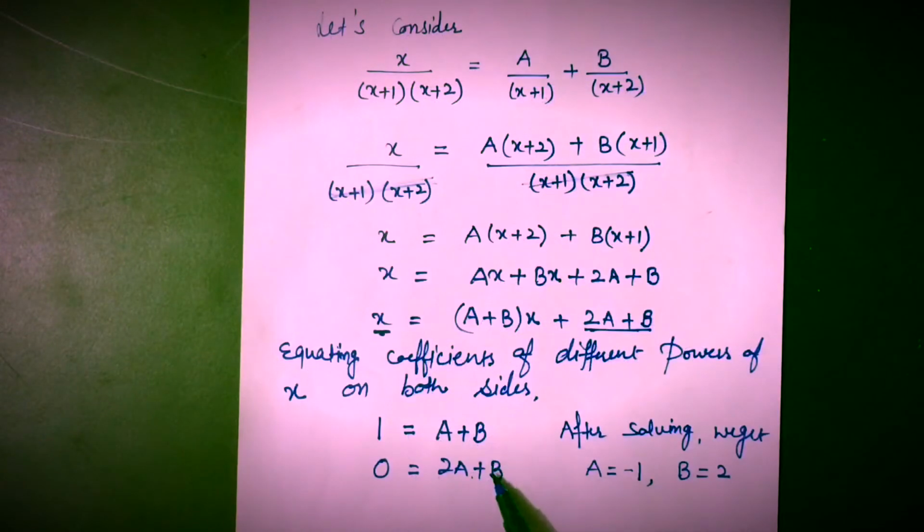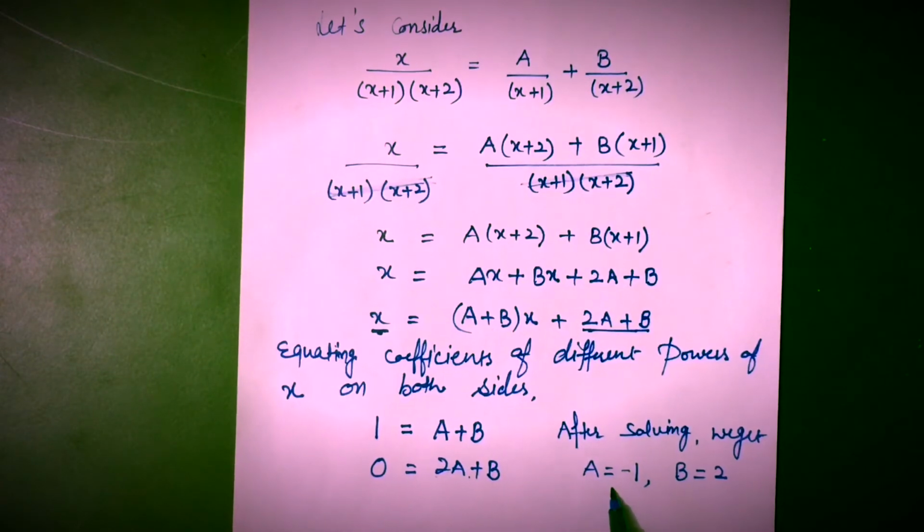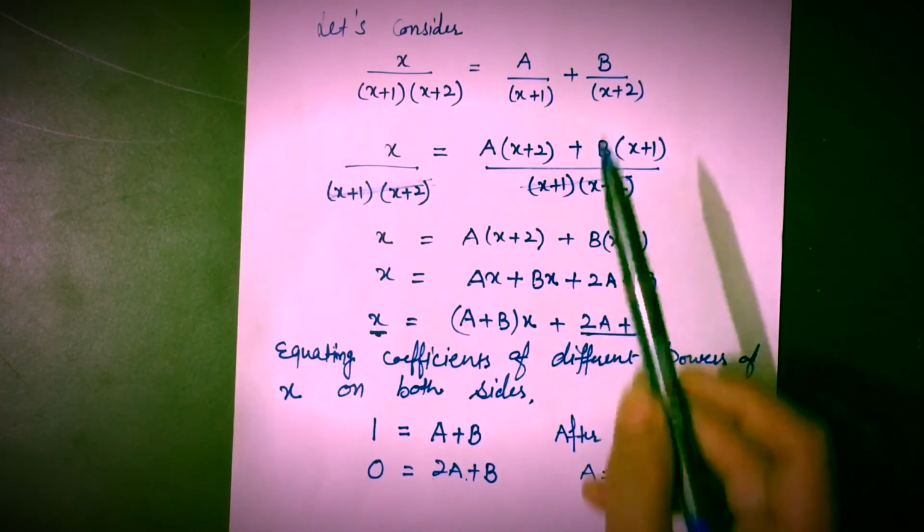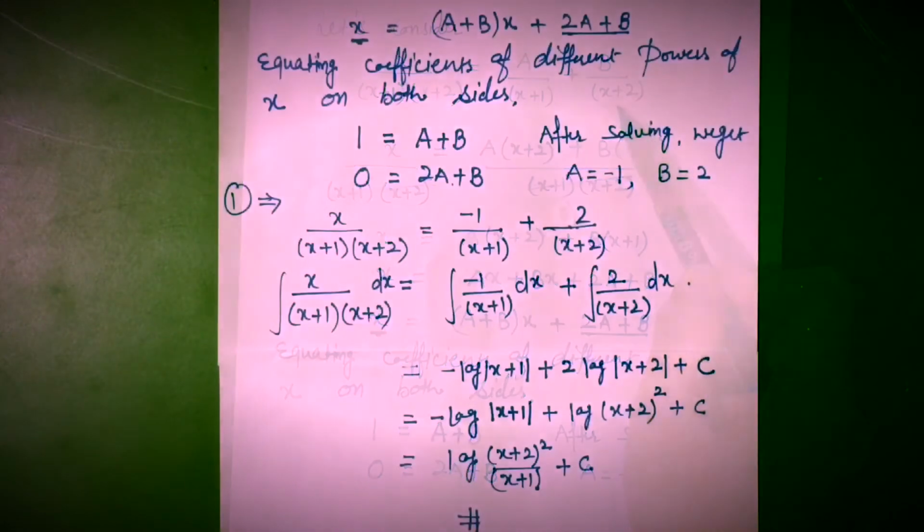Now on solving these two equations, we get value of a as -1 and value of b as 2. We will put these two values of a and b in above equation.